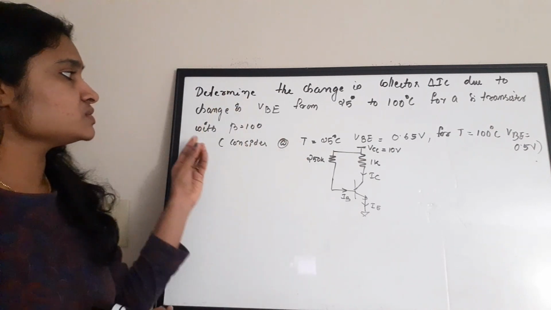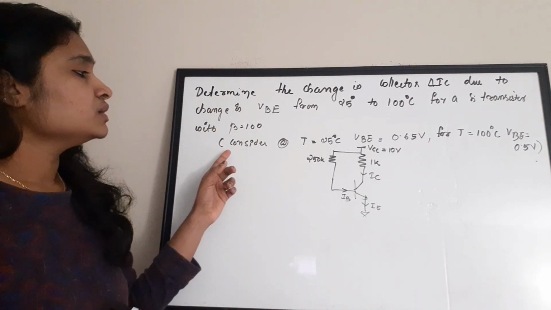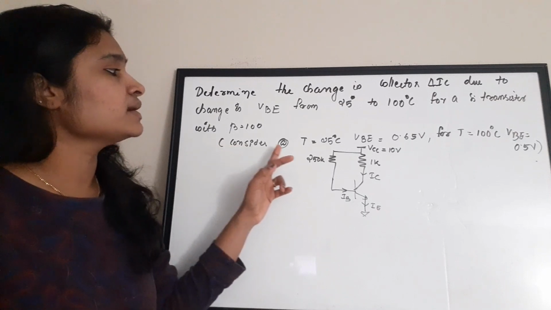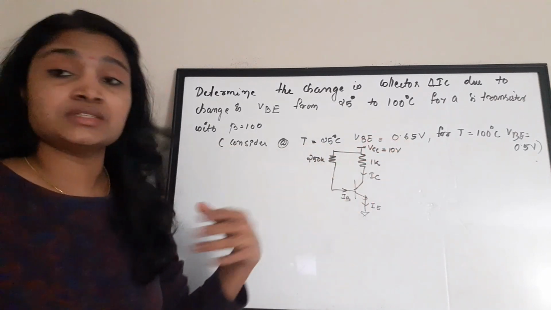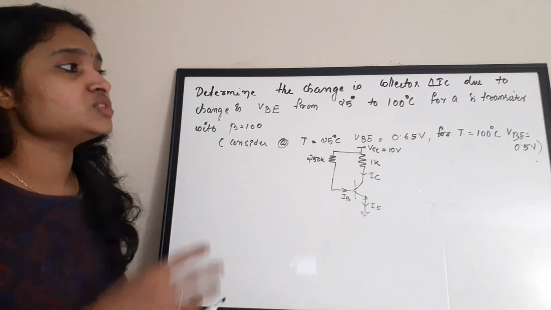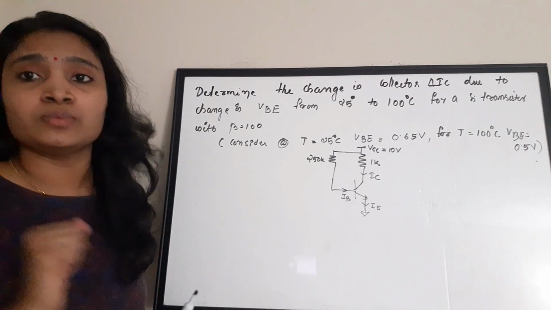For a silicon transistor with beta equal to 100, beta is the current gain. Also it is given that at temperature 25 degrees Celsius, VBE is equal to 0.65 volt, and at temperature T equal to 100 degrees Celsius, VBE is equal to 0.5 volt.